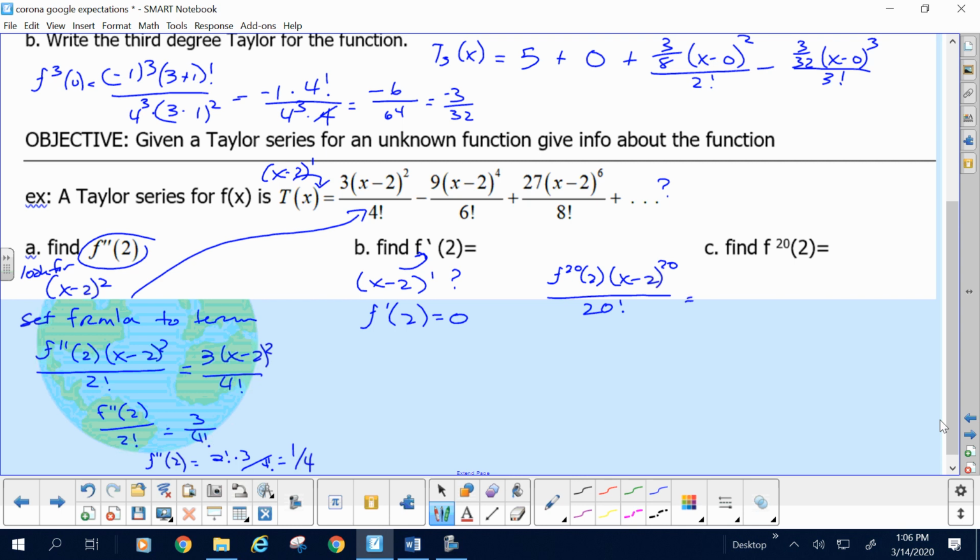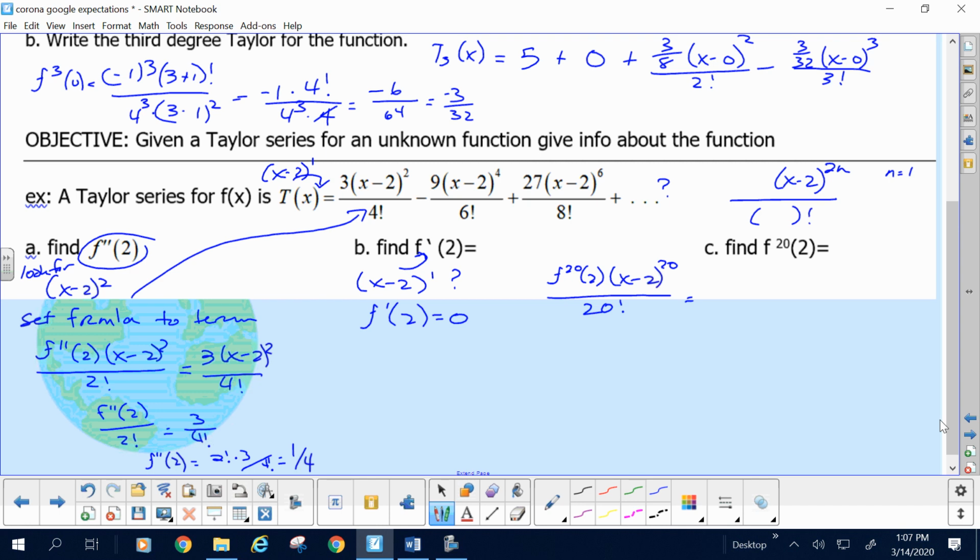So the general term is x minus 2 to the, and the exponent each time is even. So x minus 2 to the 2n. The minute I say that, that implies that n started at 1, yeah? All right. If I then go to the denominator factorial.